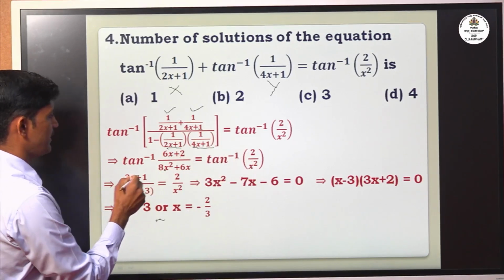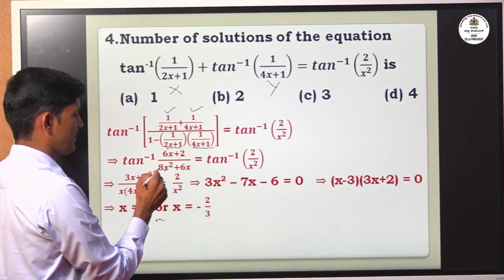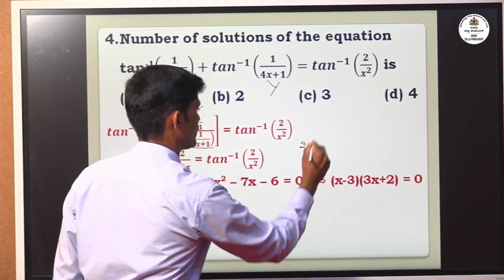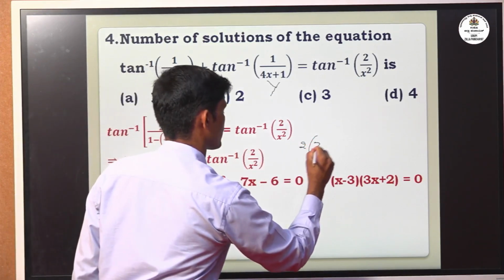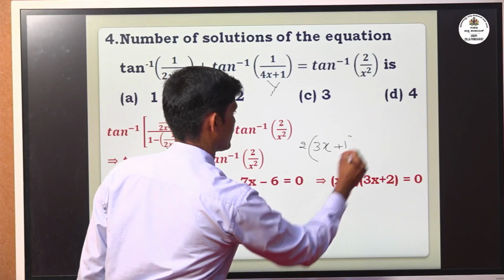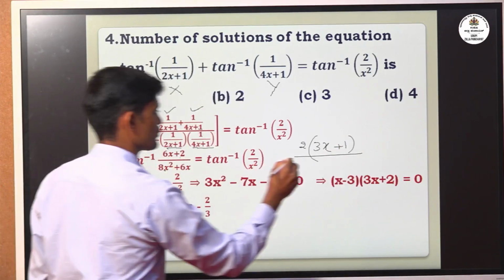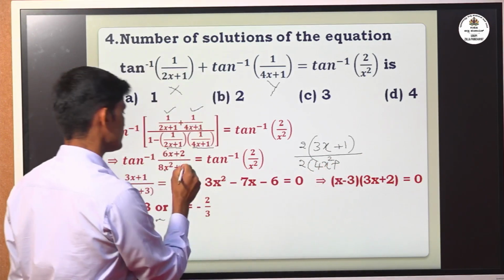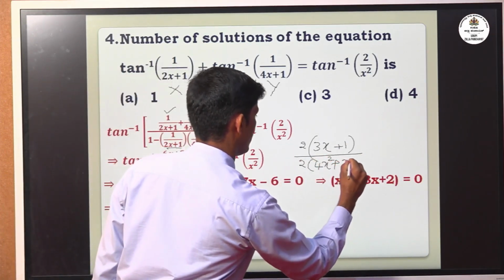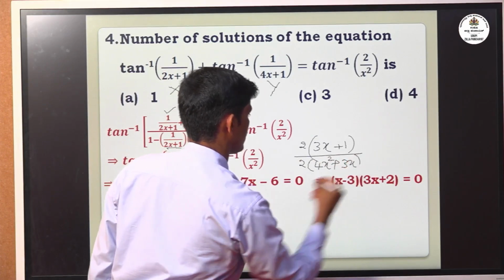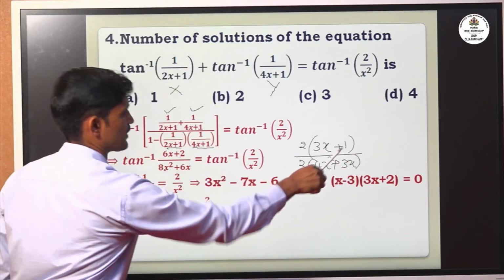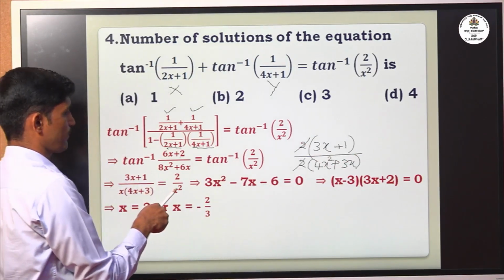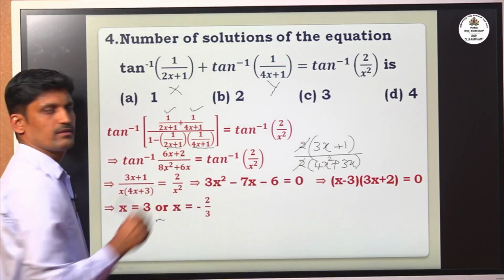Or by rearranging this, 6x plus 2 divided by 8x square plus 6x, where 2 is common, you will get 2 into 3x plus 1 divided by 2 into 4x square plus 3x. Therefore, it is 3x plus 1 divided by 4x square plus 3x is equal to 2 by x square.